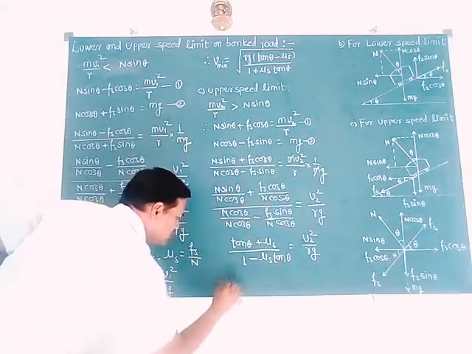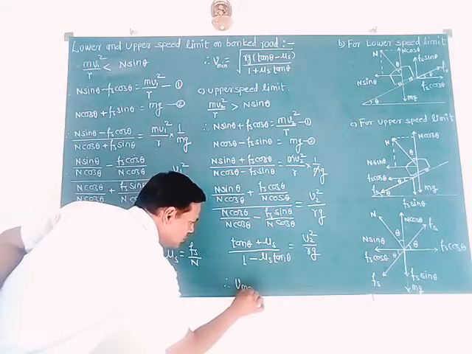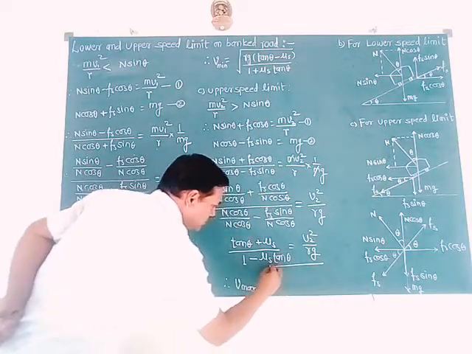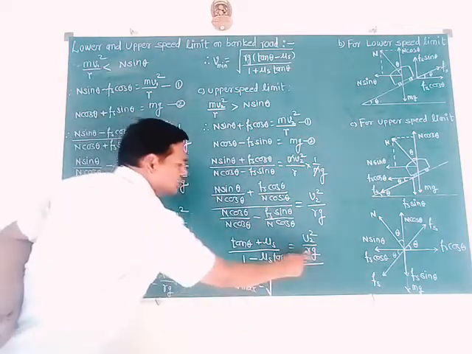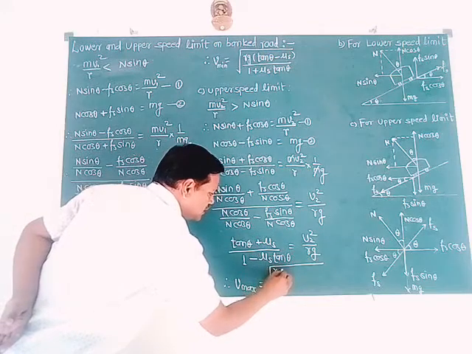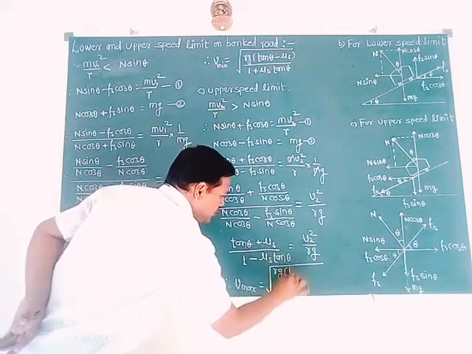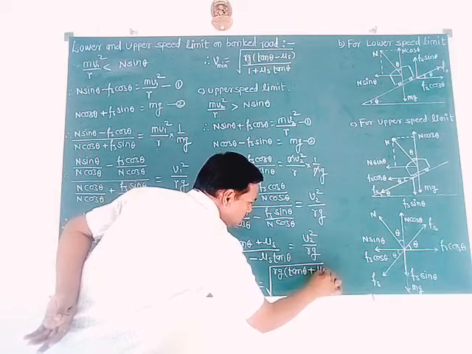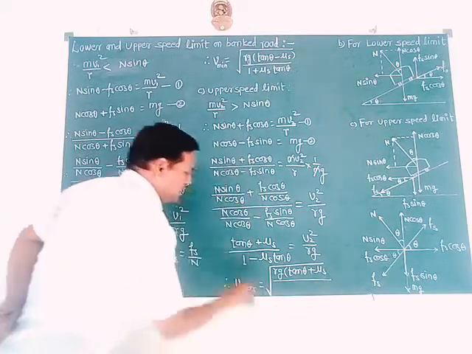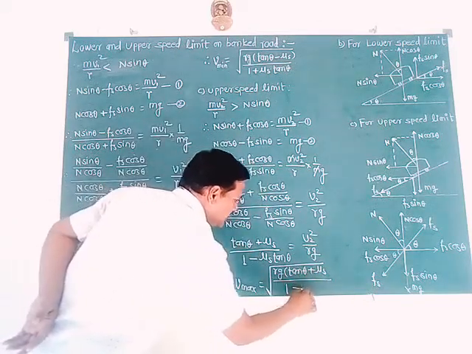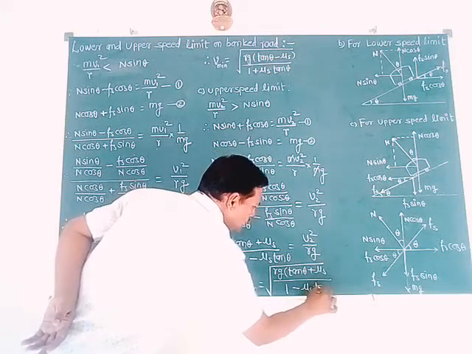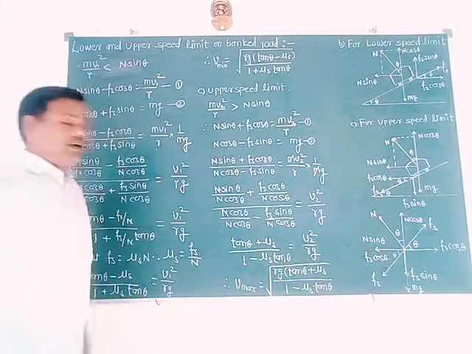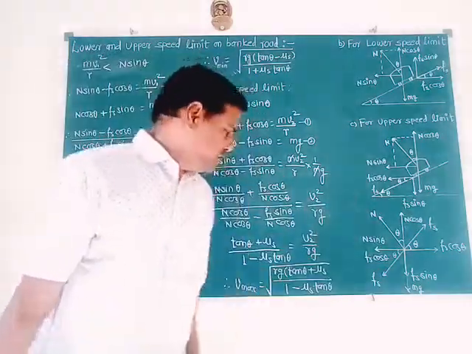So we can write, therefore, v maximum is equal to square root of rg into bracket tan theta plus mu s divided by 1 minus mu s into tan theta. So this is the required expression for the upper speed limit.